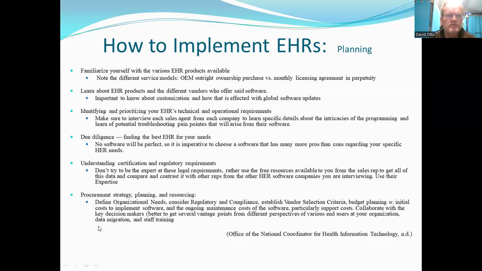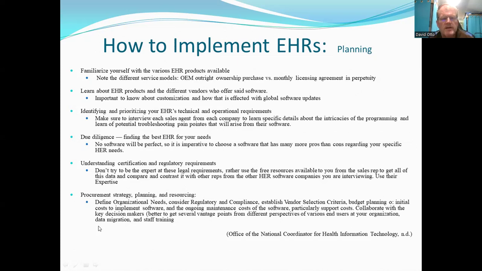So the planning phase is you want to make sure you familiarize yourself with the various EHR products that are available, noting the difference in the service models. There's OEM, which is the outright ownership or purchase of it, or you could do a monthly licensing agreement, paying monthly in perpetuity.